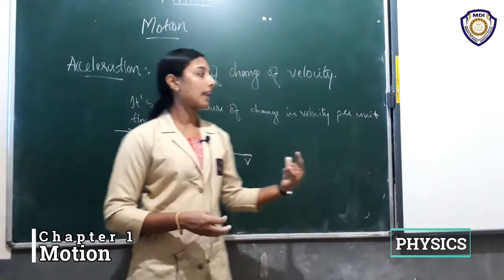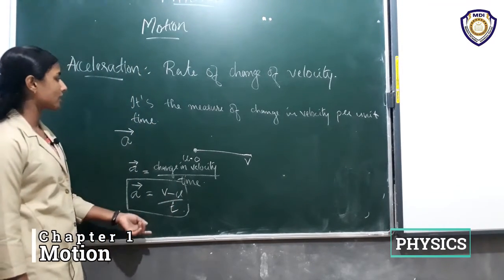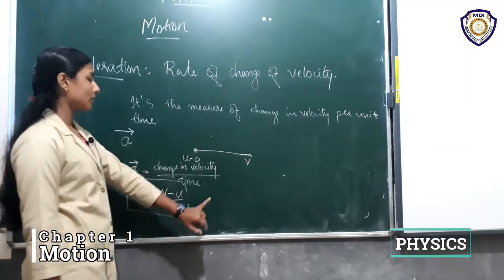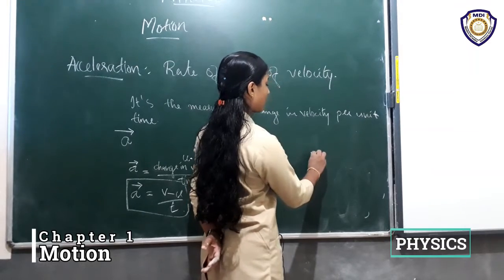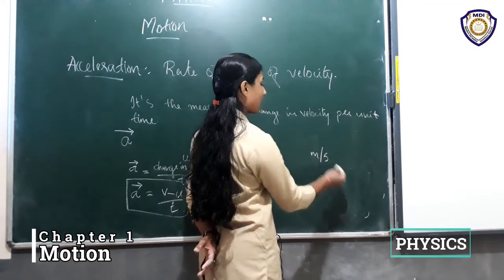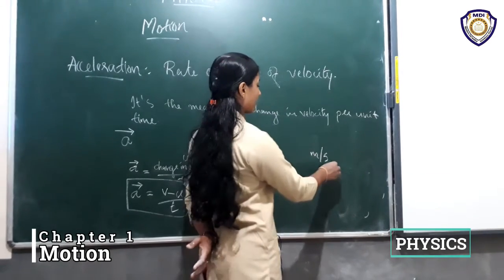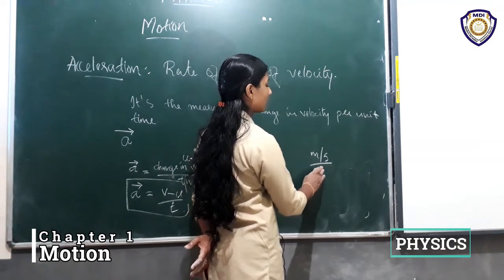And one more thing, the acceleration has a unit. What will be the unit of acceleration? Acceleration is the change in velocity by time. So what is the unit of velocity? Velocity is meter per second, right? The change in velocity also has unit meter per second. So meter per second by time. Time has a unit second.